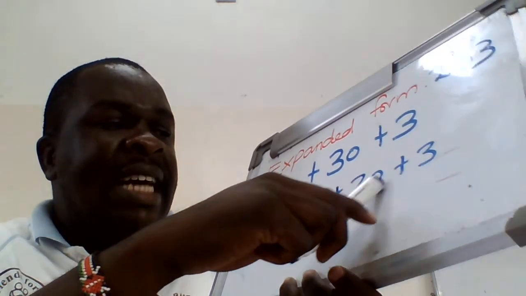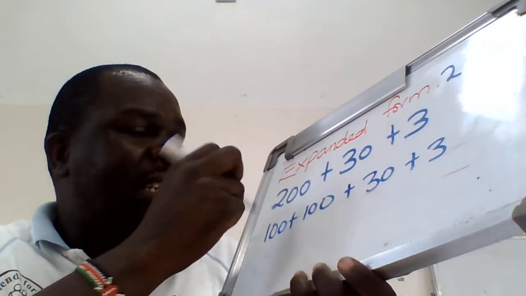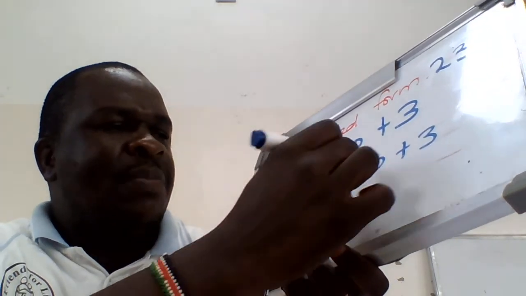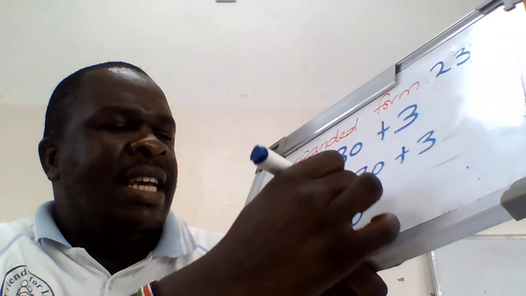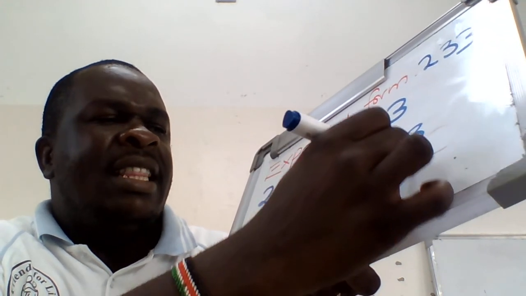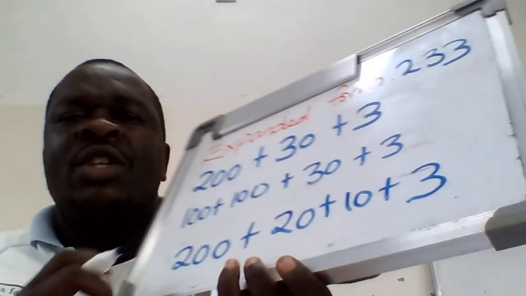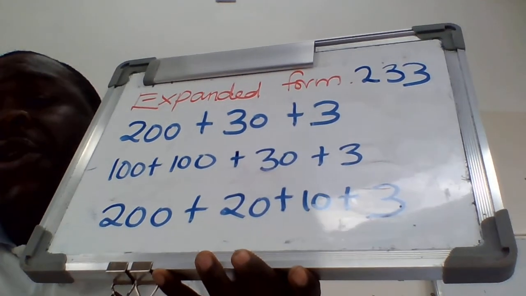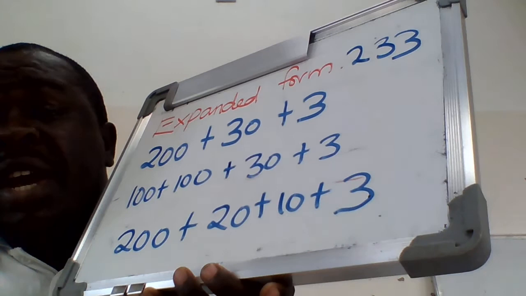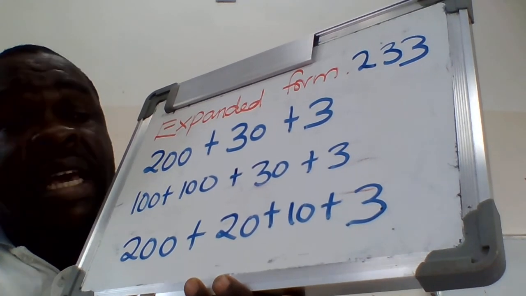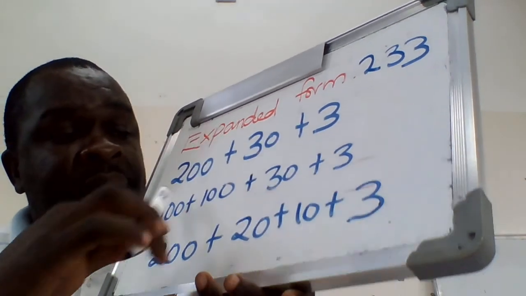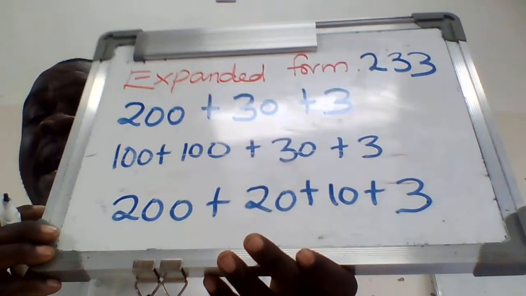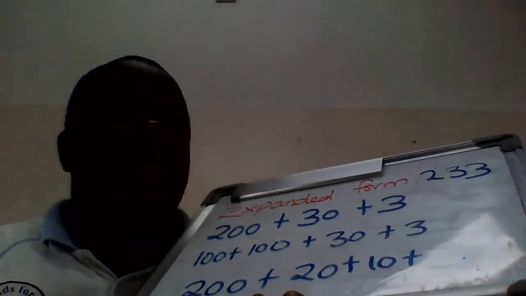Or we can split a 30 so that we have 200 plus 20 and a 10, then plus 3. So you can write that number in expanded form in various ways, in different ways.